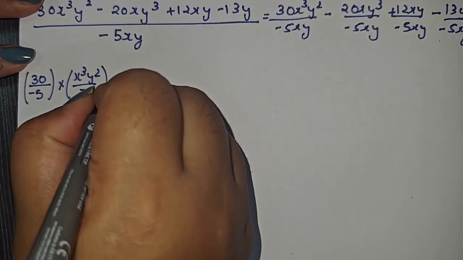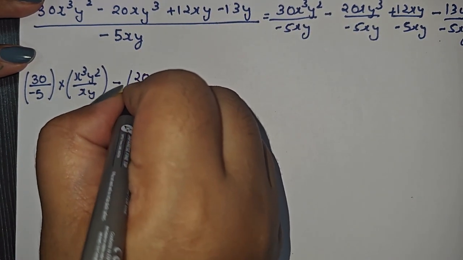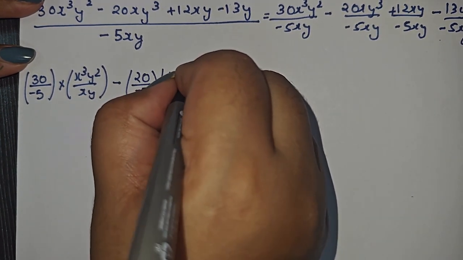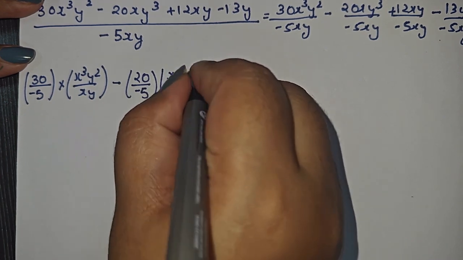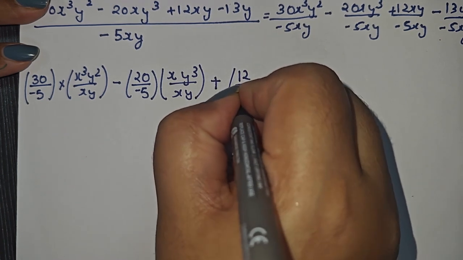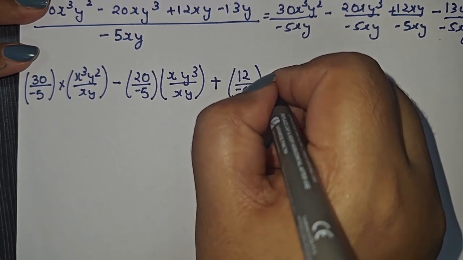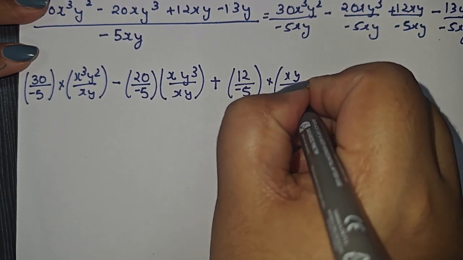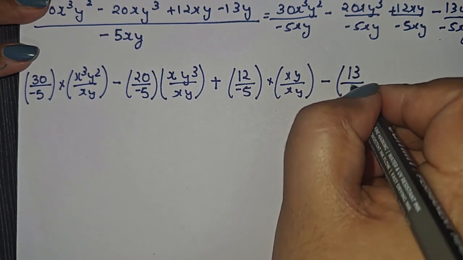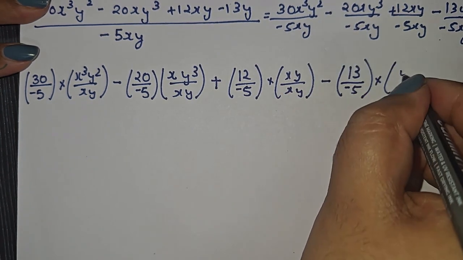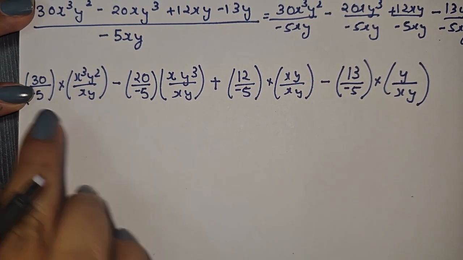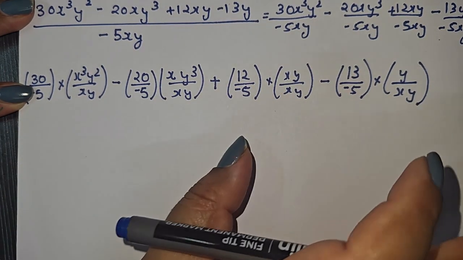Now the next one we have minus 20 upon minus 5 and we have xy^3 upon xy, plus 12 upon minus 5 into xy upon xy, minus 13 upon minus 5 into y upon xy. Okay, we have separated constants and variables.